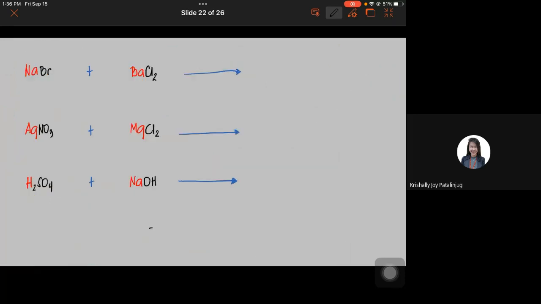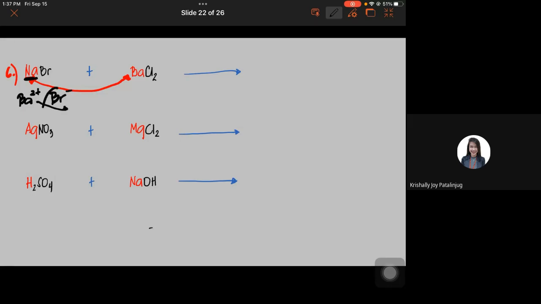Okay. Sige, number 6. You have sodium bromide followed by barium chloride. Switch again the cations. So in replacement of sodium, you now have barium. Barium is 2 plus and bromide is Br negative.